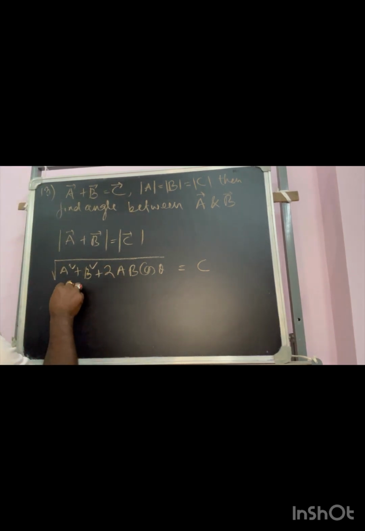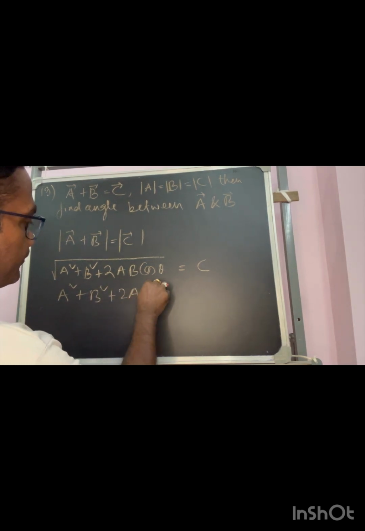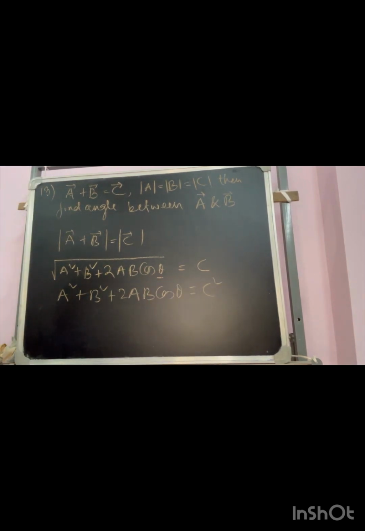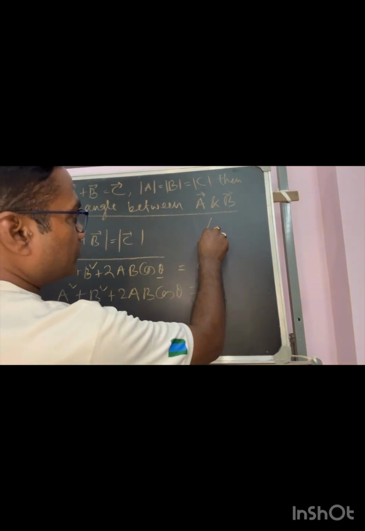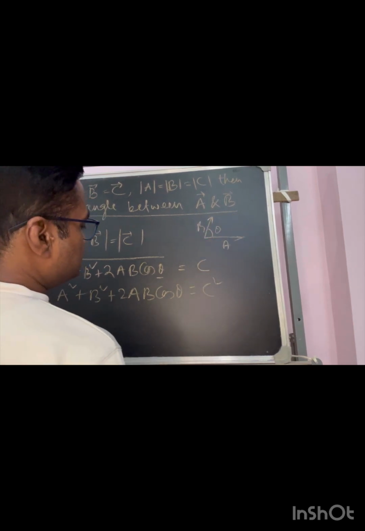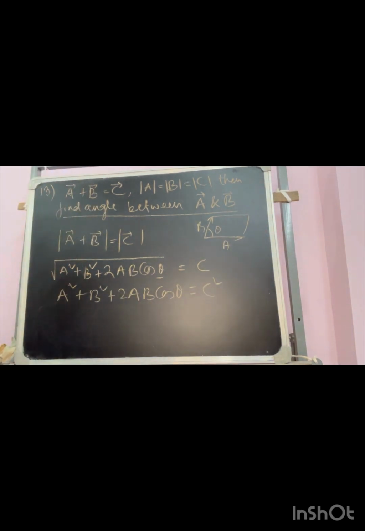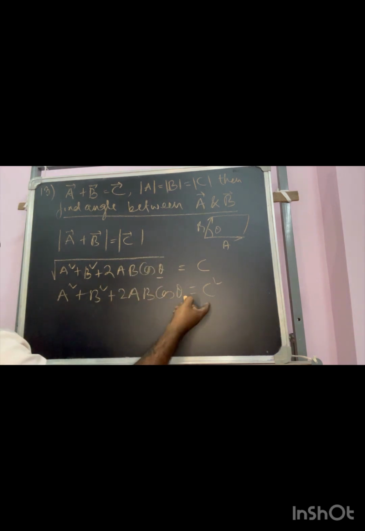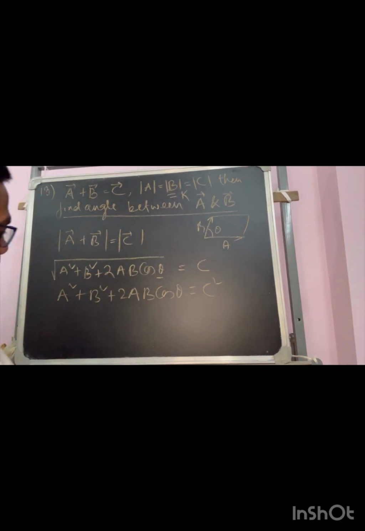Now squaring both the sides, we'll get A square plus B square plus 2AB cos theta, and as you know, this theta is the angle between A and B from the parallelogram law. If you remember, this is, let's say, A, this is, let's say, B, this is theta. The magnitudes of A, B, C are all the same, so you can put them all equal to, let's say, K, a common value.